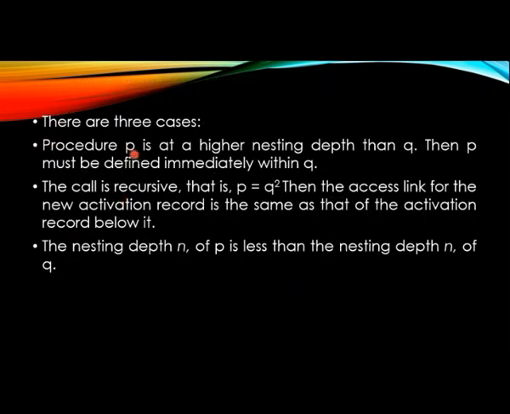Here procedure P is at a higher nesting depth than Q. So that means P and Q are nesting procedures. For example, if procedure P's nesting depth is 2, then procedure Q's nesting depth is 1. So this is the first case.